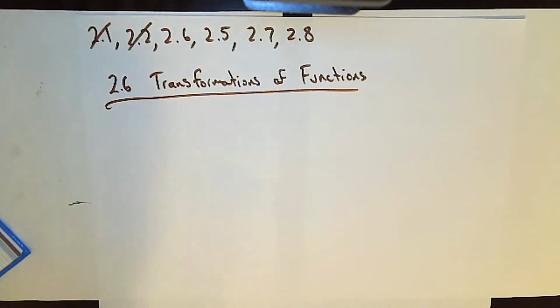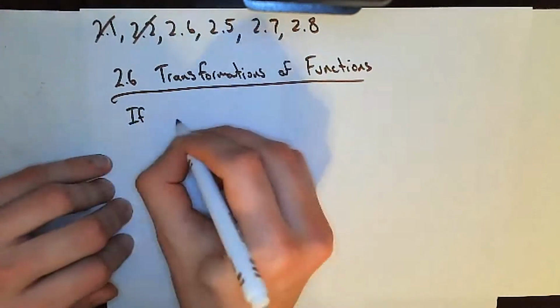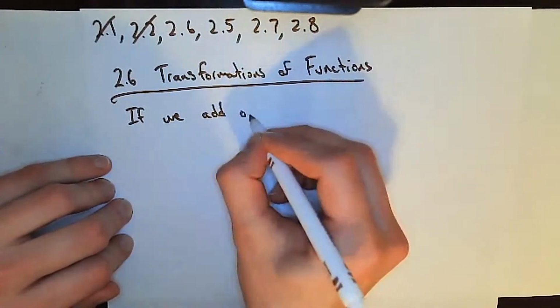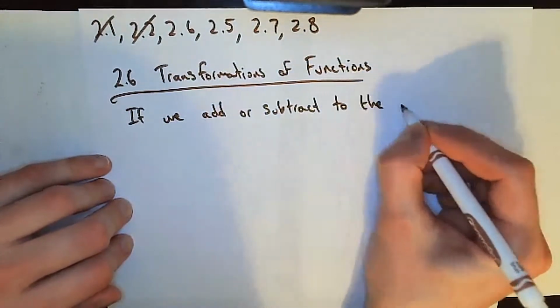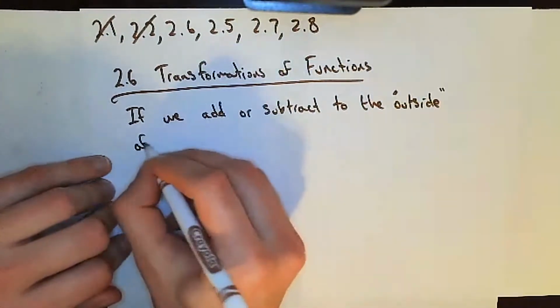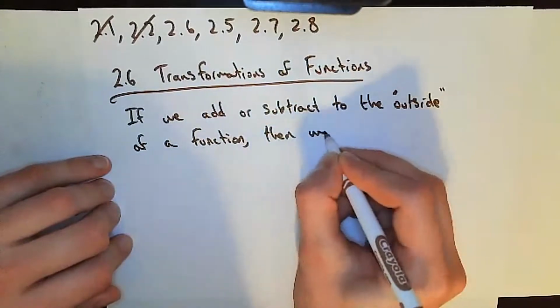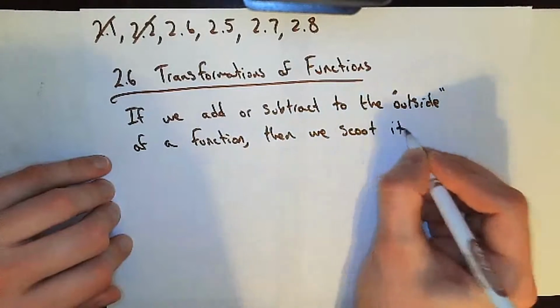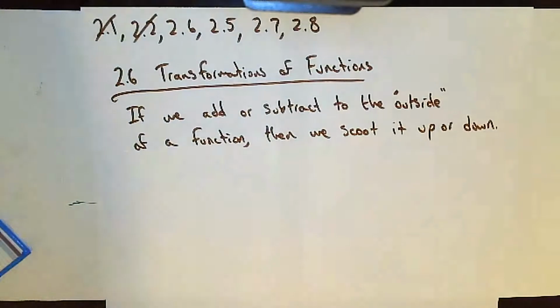How much can I sum up here all at once? If we add or subtract to the quote-unquote outside of a function, then we scoot it up or down.